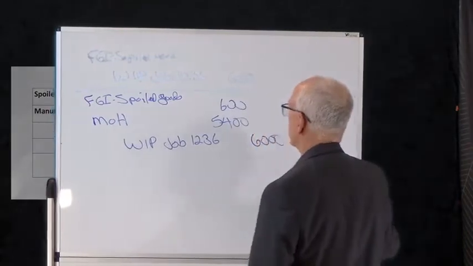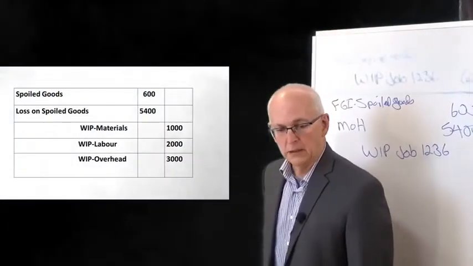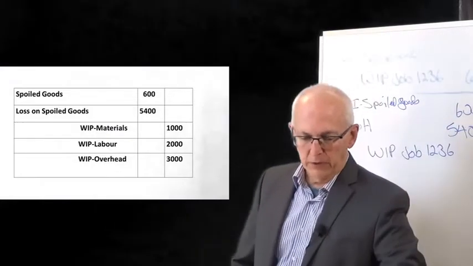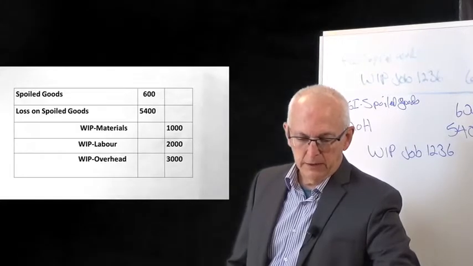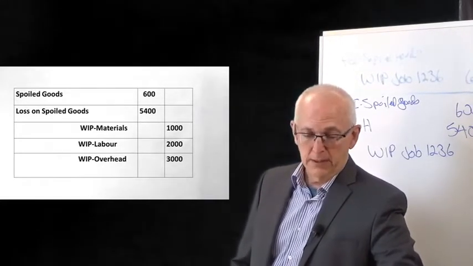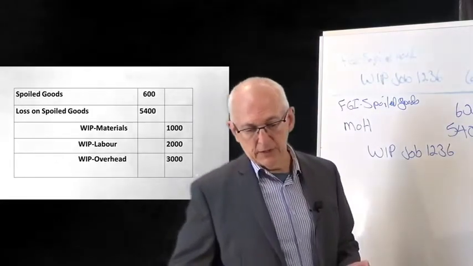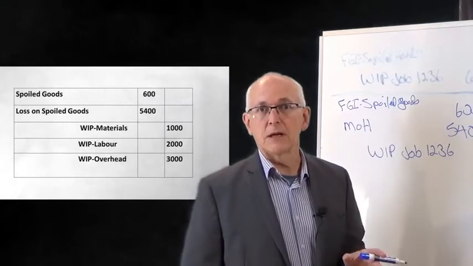So now let's take a look at the third journal entry. What we have is spoiled goods. First is the debit, loss on spoiled goods, and the same three credit entries that we've seen before. So, okay, let's see if we can put that together. And what's the most important thing in an accountant's life?